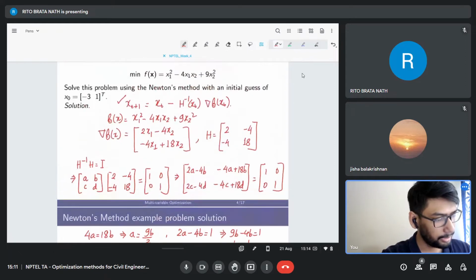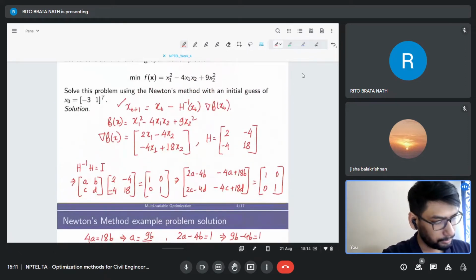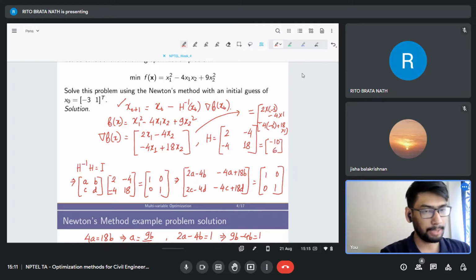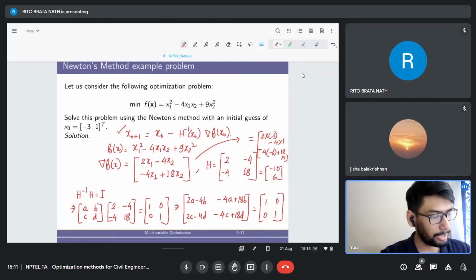And this gradient, if you plug in the value of minus 3 and 1, you will get 2 times minus 3 minus 4 times 1, and the second term will be minus 4 times x1, which is minus 3, plus 18 times 1. So this will be minus 6 minus 4, minus 10, and this is minus 12 plus 18, so that will be 6.